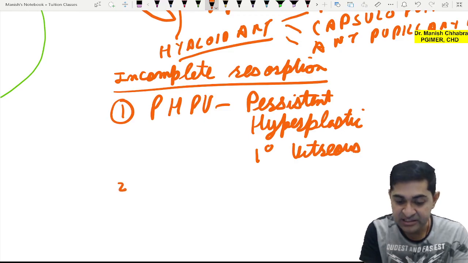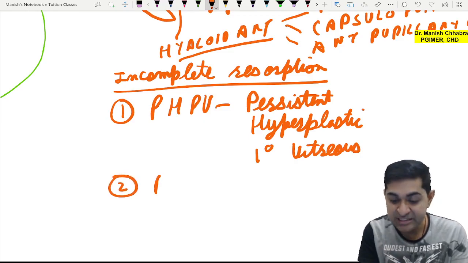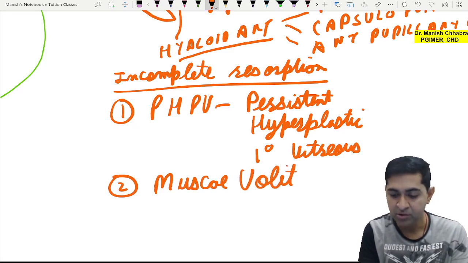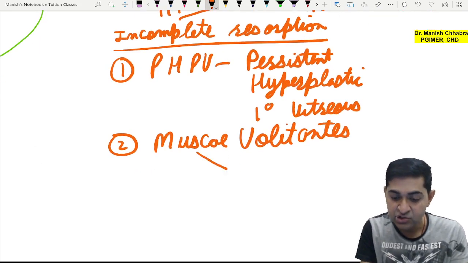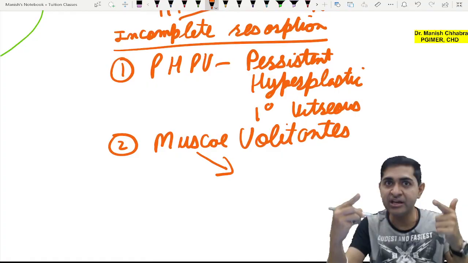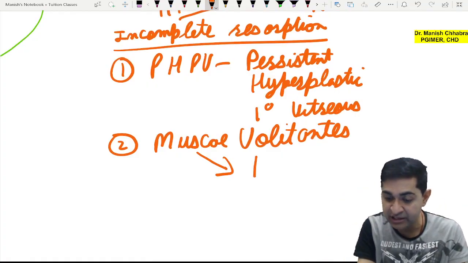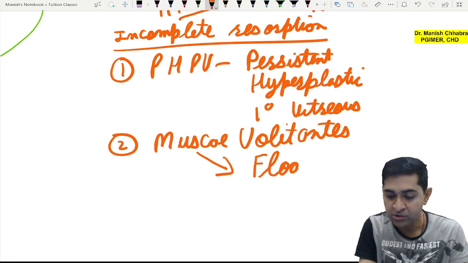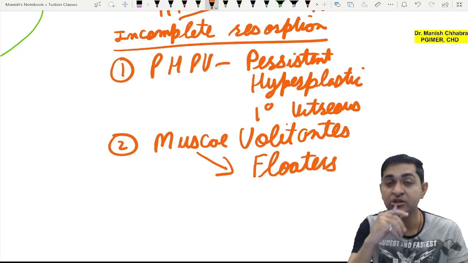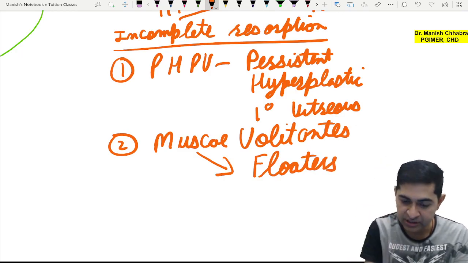Second is Musca volitans. So this flying thing that the patient sees, that is known as floaters. I hope it is clear.